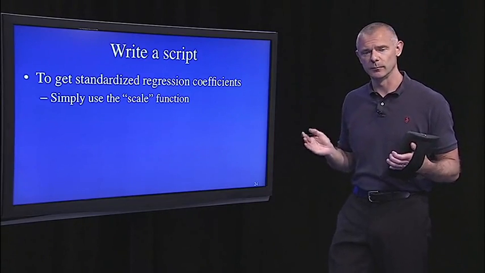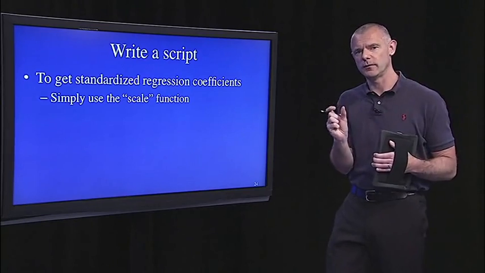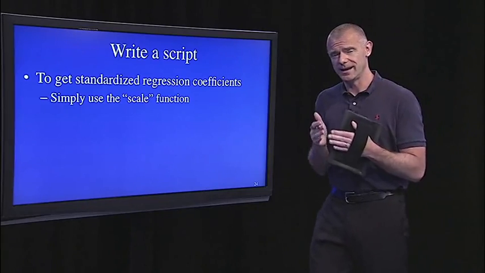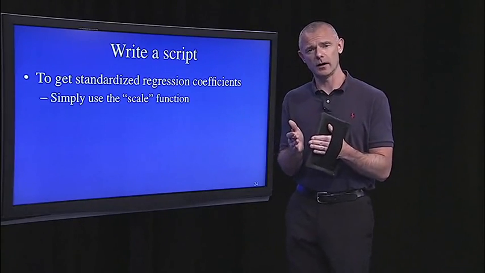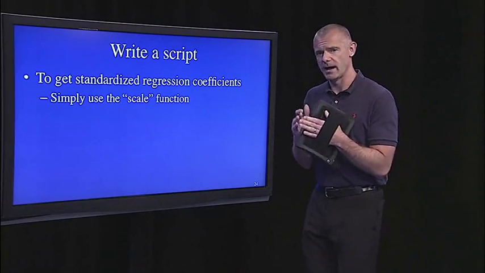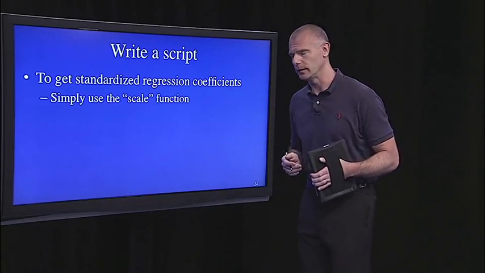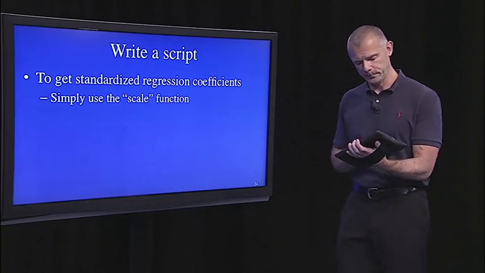And it's really simple. All we have to do is put the function scale in front of all our variables. What that does is it standardizes all of our variables, and then we have standardized units and standardized regression coefficients. So R is pretty clever with that.